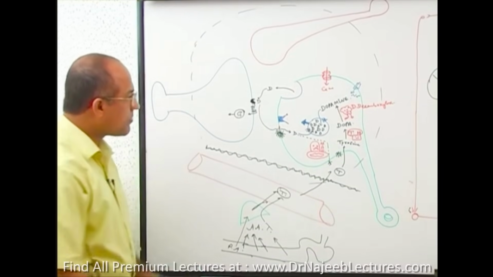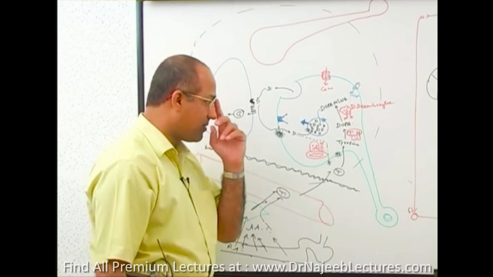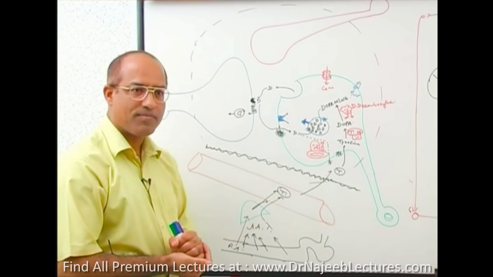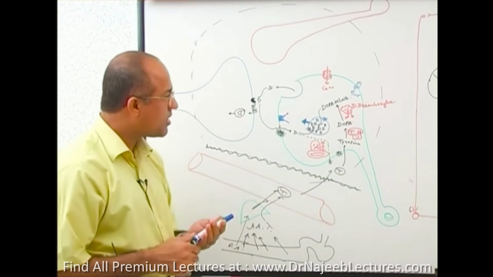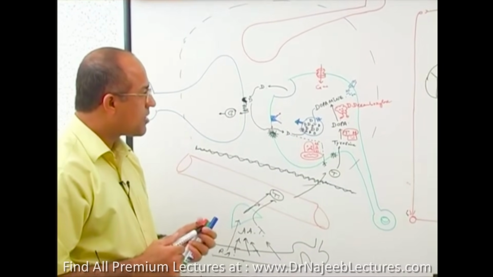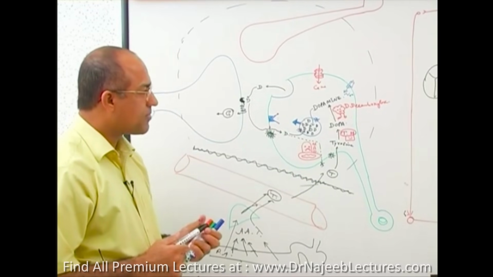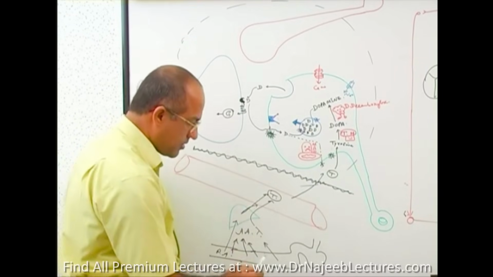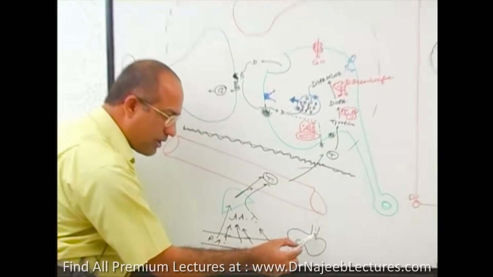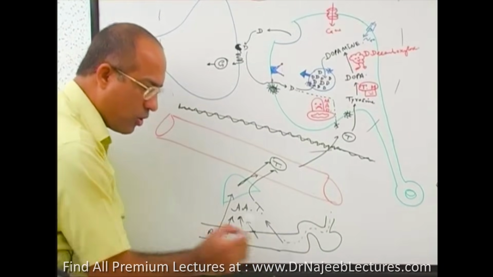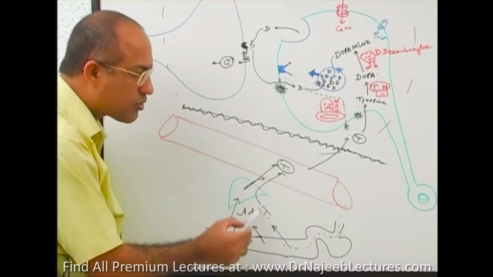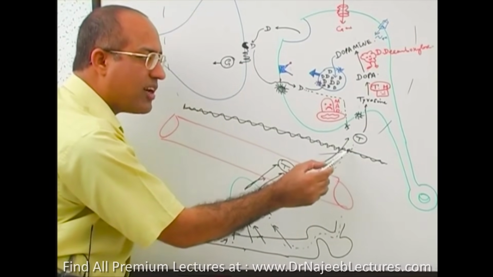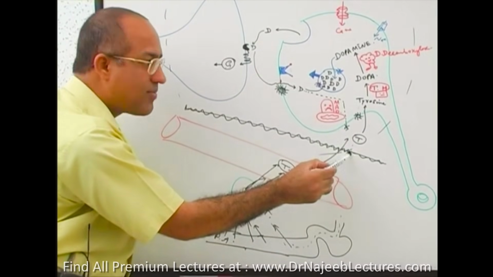Now, the drugs which are available to us, number one is levodopa. Everyone knows levodopa, right? Levodopa is actually given orally. It will pass through the circulation. Through a special pumping mechanism, it will cross the blood-brain barrier.